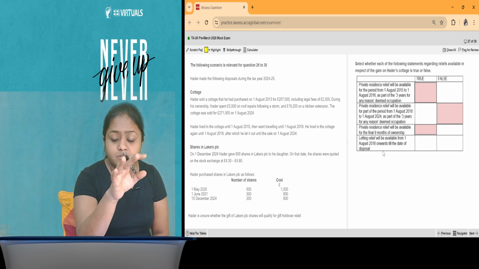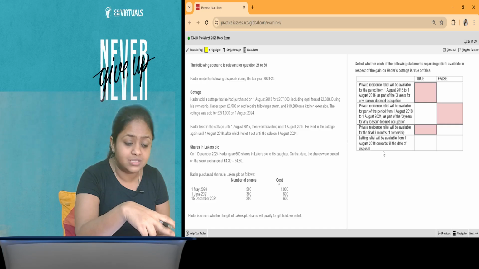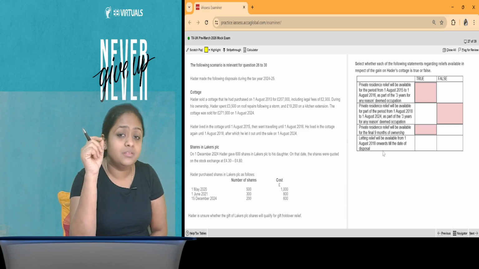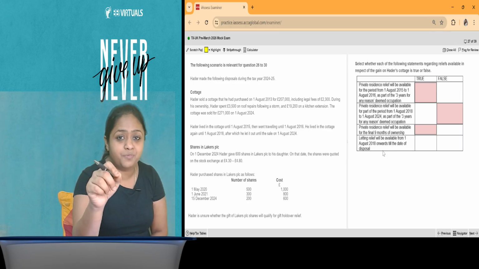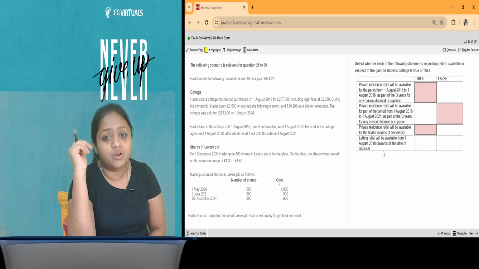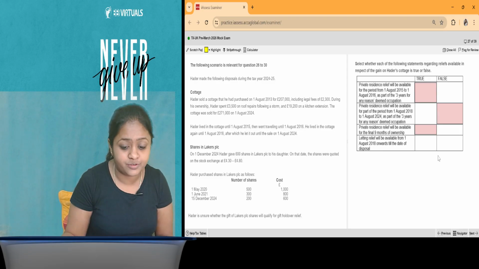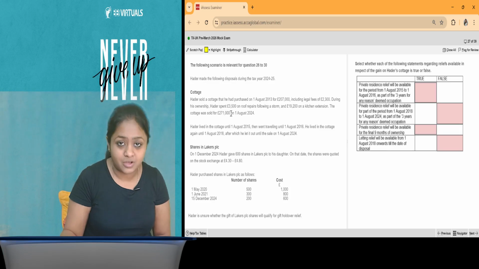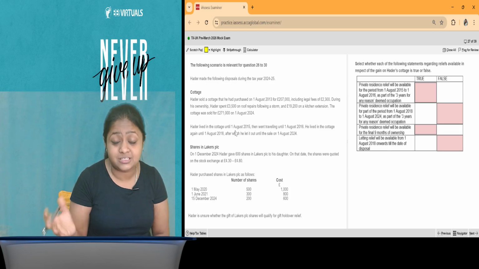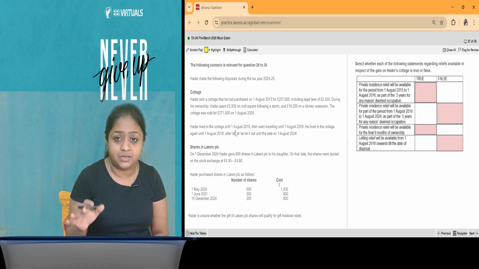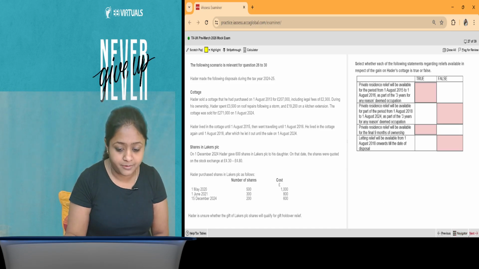Though it is written that it is let out, letting relief is only available when the owner also lives in the property while he lets out the remaining of the property or some part of the property. The entire property let out will not give us letting relief. So this is false. Got it? Here it doesn't say that he's occupying the property. It is just said that he's let out the property, so we assume it's completely let out. Hence, letting relief will not be available.